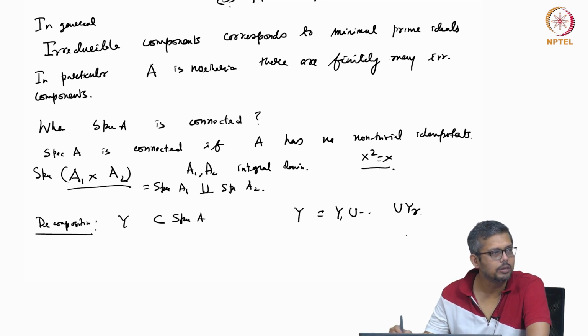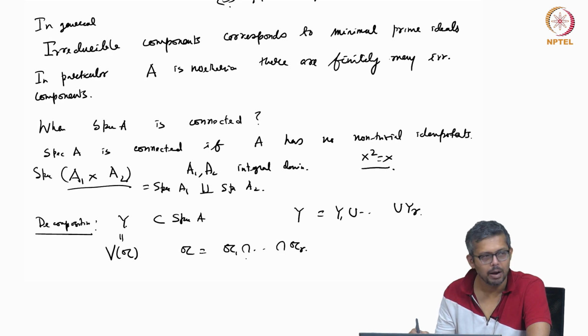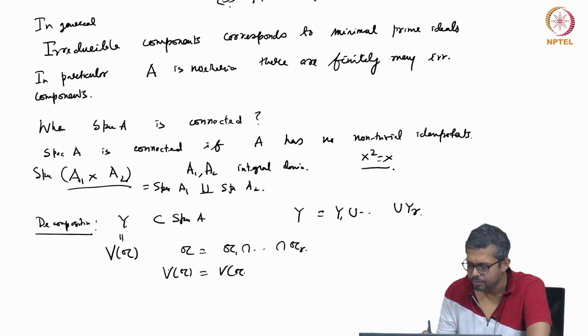So Y will be V(a), and a will be an intersection of a1, a2, ..., ar, a primary decomposition, since A is a Noetherian ring. Then V(a) will be the union of the V(a_i).